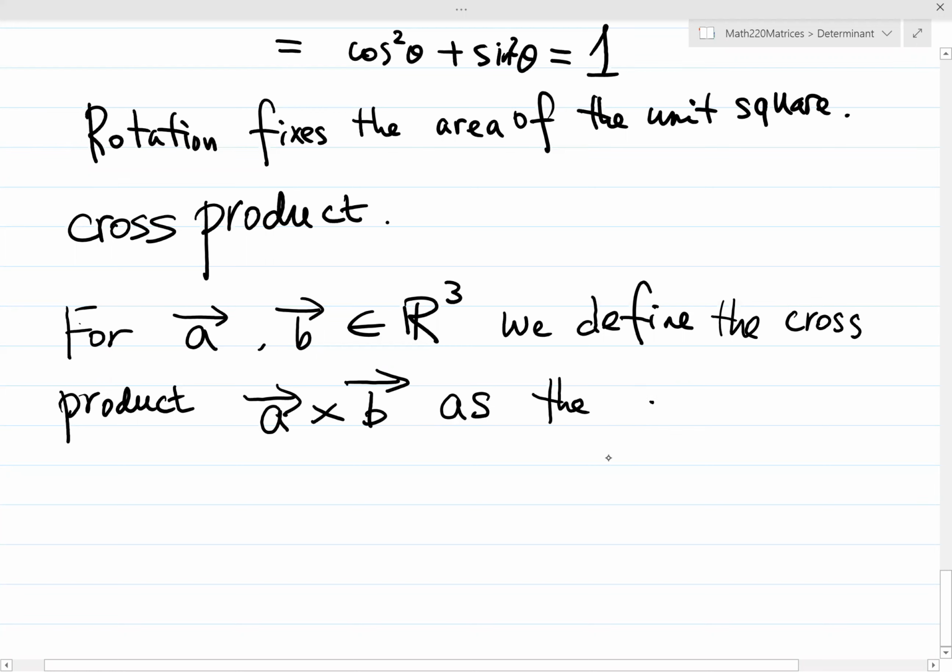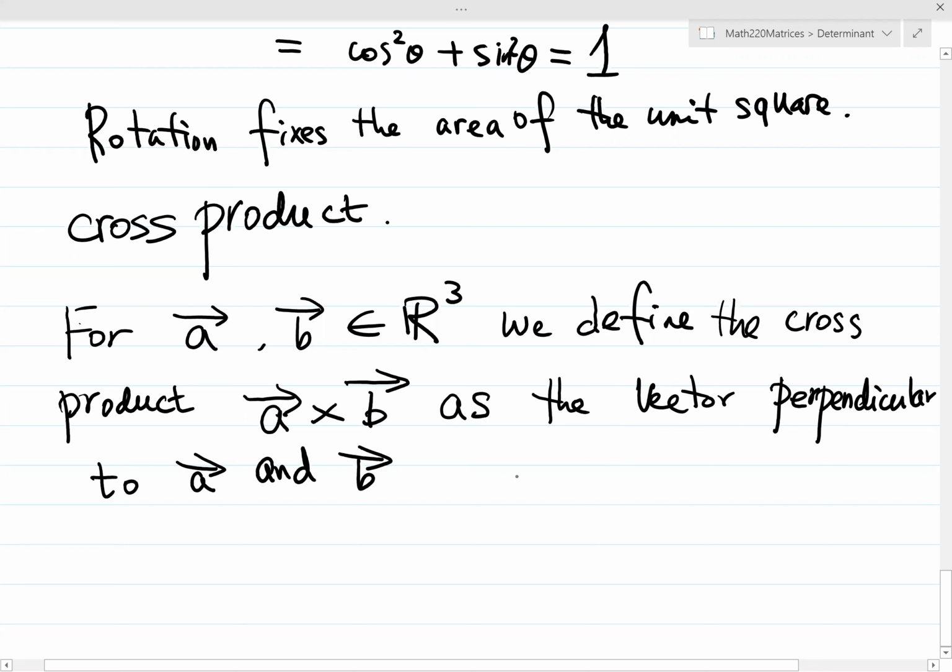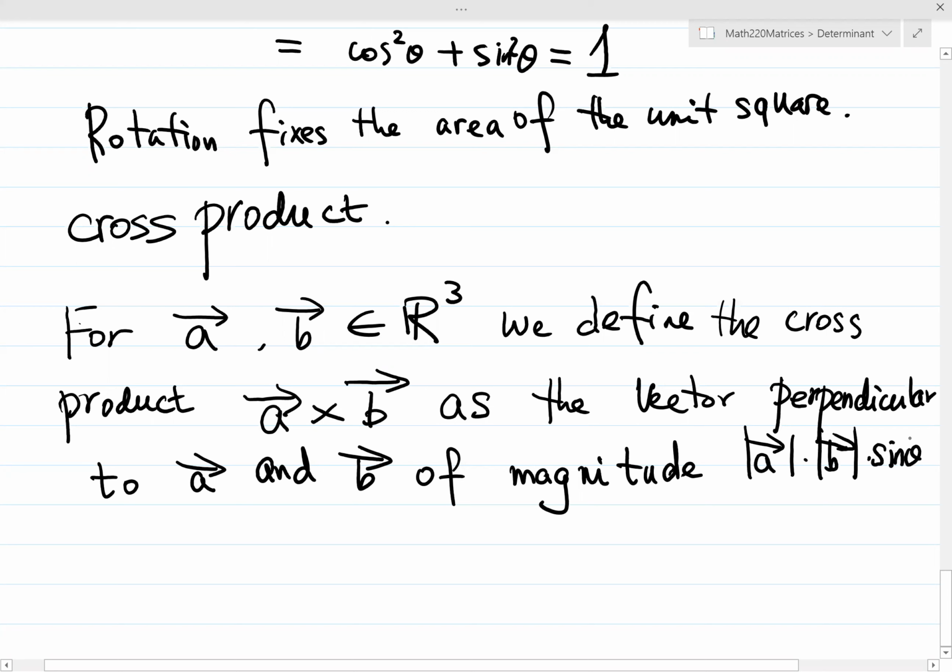It is a vector perpendicular to both A and B, of magnitude norm of A times norm of B times sine theta, where theta is the angle between A and B.